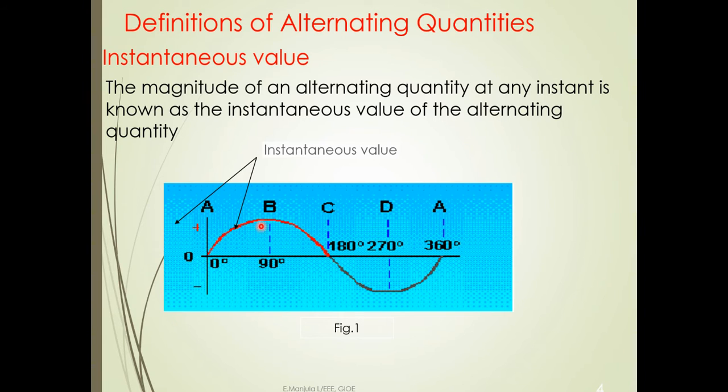Okay, so the magnitude at any instant is called instantaneous value.